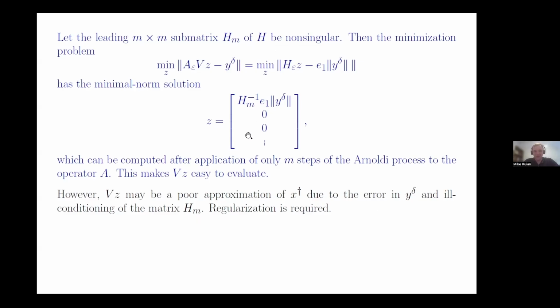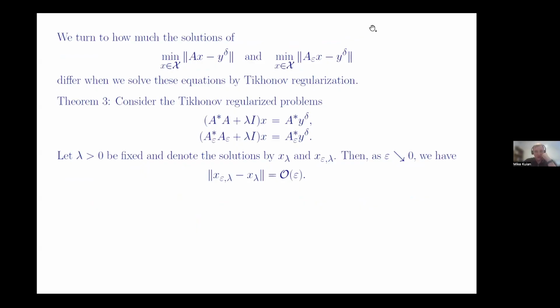So we apply the Arnoldi algorithm, and then regularize it. So we turn to how much the solution of the original problem and this new surrogate problem differ when we solve these equations by Tikhonov regularization.